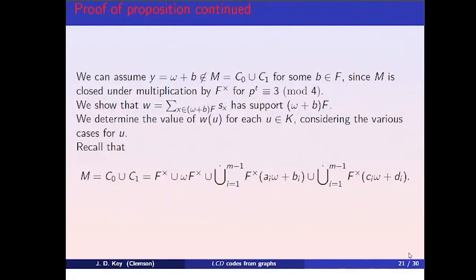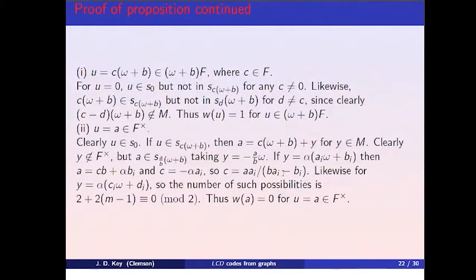Here's M. This is the set of elements in M, those and then omega times those. Okay. So now you can just argue to see which elements of M it can be in, what this Y can be.